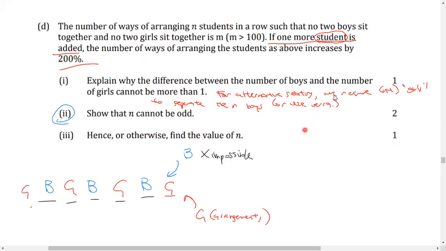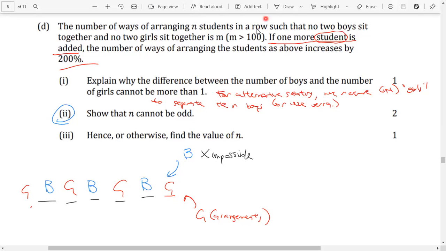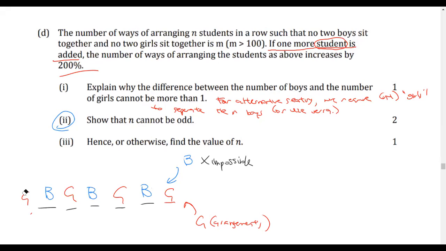If we interpret the question in that way, and it's fair that they said student and not boy or girl, and they didn't put any restriction on the type of student that you're adding, then the only way you could make sure that you can add any student, boy or girl, to your existing group is that n can't be odd. You must already have an even number, which means the number of boys equals the number of girls, and that is then going to allow you to do that.